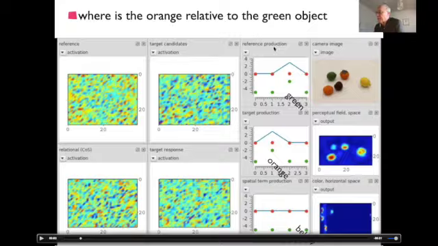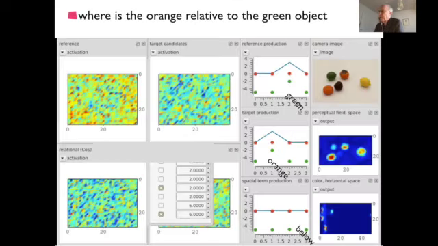These are the nodes that, when they're active, are actually providing inputs to the features field. So we're activating the green for reference relative to the green object, and the orange is the target. So in the target representation, we activate the target. And the spatial term we're not specifying, because that's where the answer will arise.